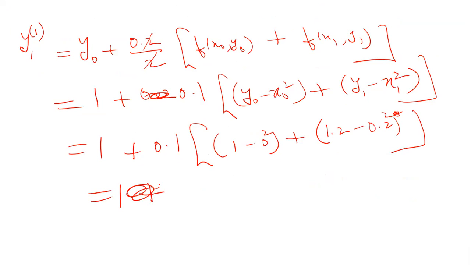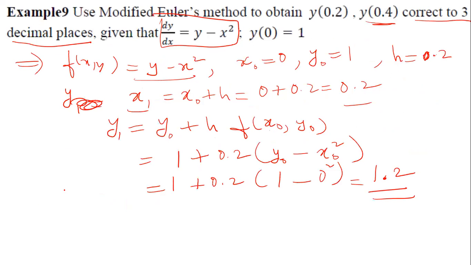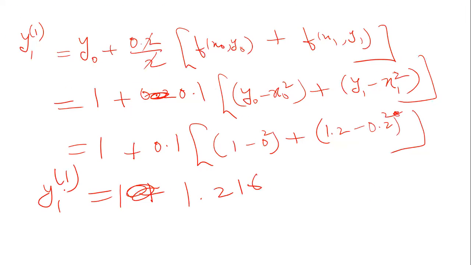So 1.2 minus 0.04 is 1.16, plus 1 multiplied with 0.1. Then you add the 1 over here. So this gives me 1.216. So in the first iteration, I have 1.216 instead of 1.2.